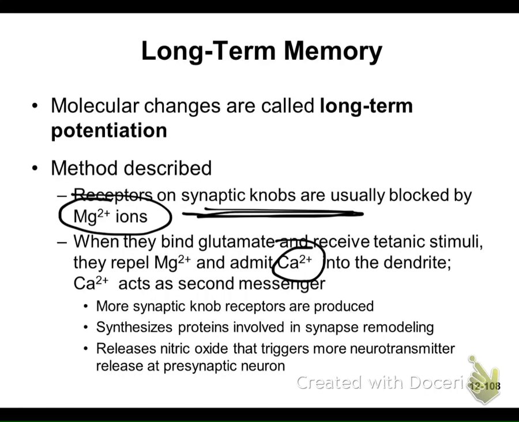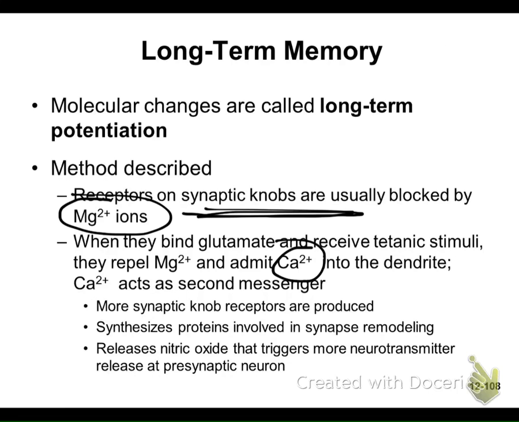Excitatory, right? What page is that on? Call out a page number, somebody? 33? Okay. So glutamate's excitatory. So when glutamate comes in, it repels the magnesium and allows the calcium to bind, and the calcium then allows more of these signals to go.